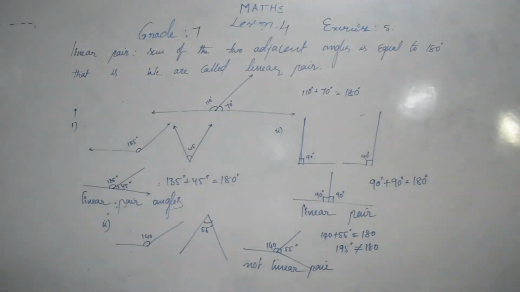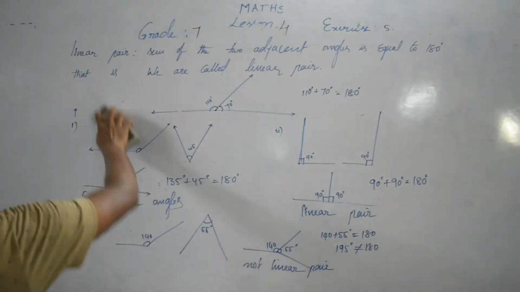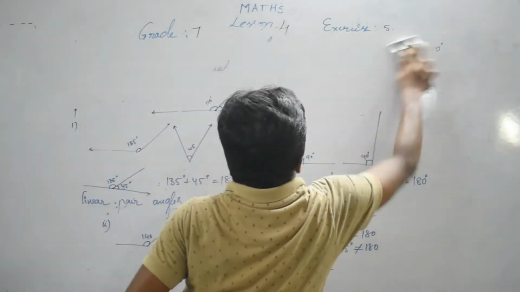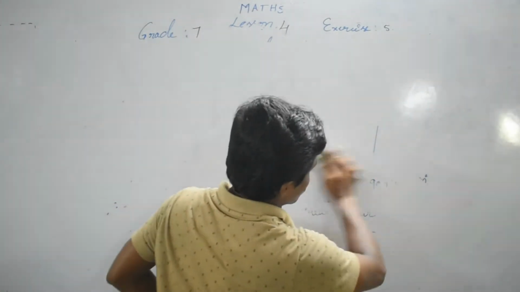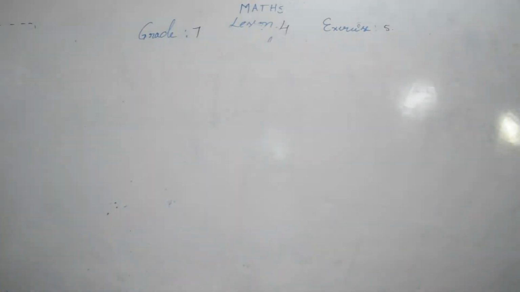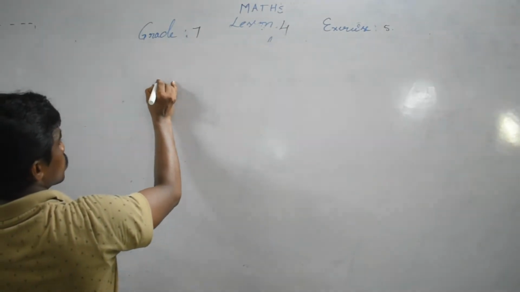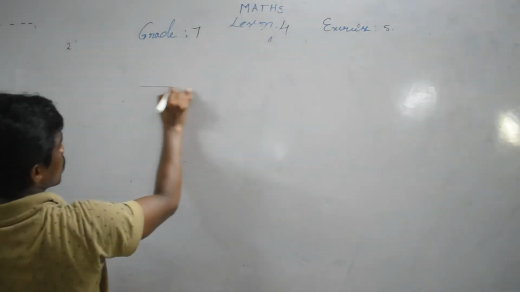Next one. Niharika took two angles, 130 and 50, and tried to check whether they form a linear pair. She made the following picture. Here see, Niharika took two angles.